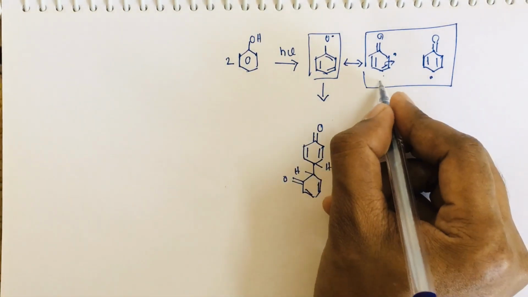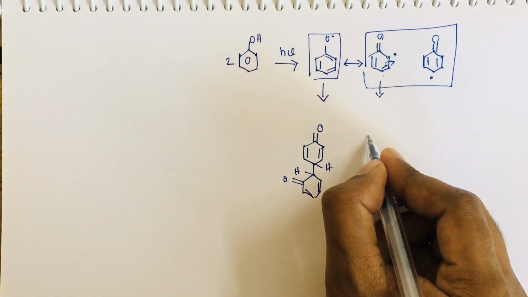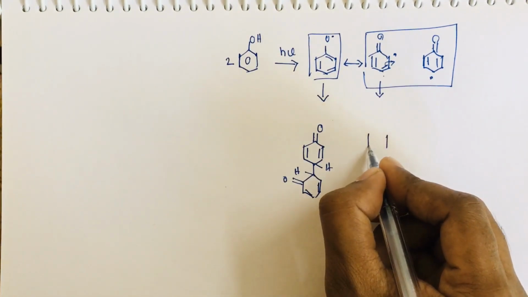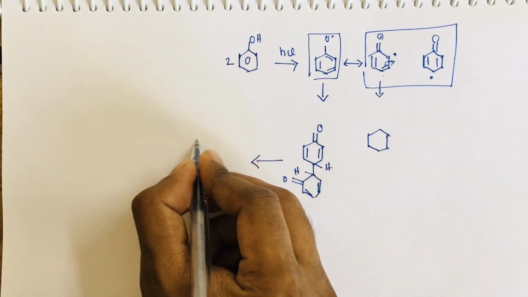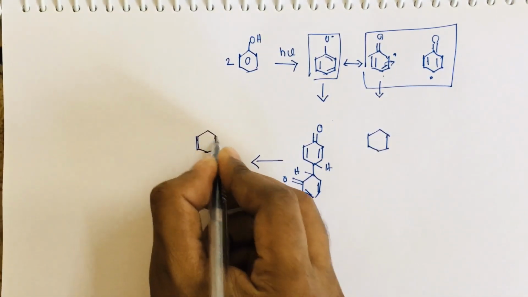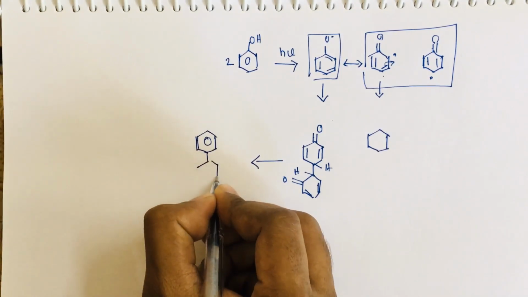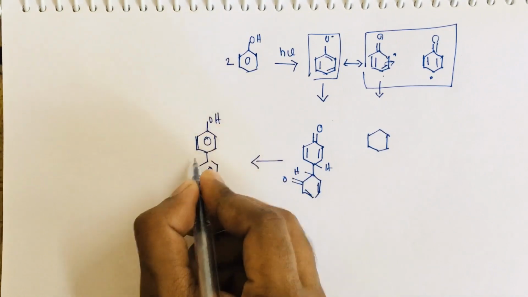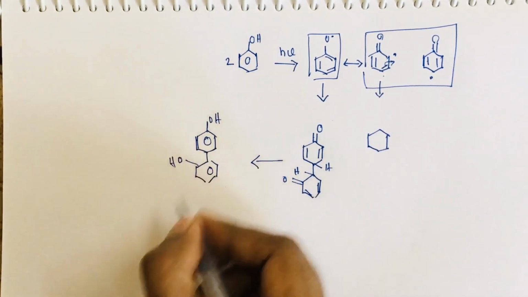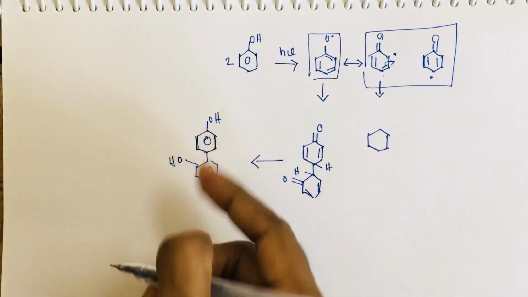From this system we'll get a product like this, and after that, upon reduction, you will get this kind of compound. This is OH, this is OH. In order to get aromaticity, this compound will convert into like this.